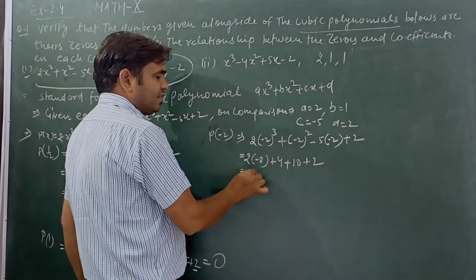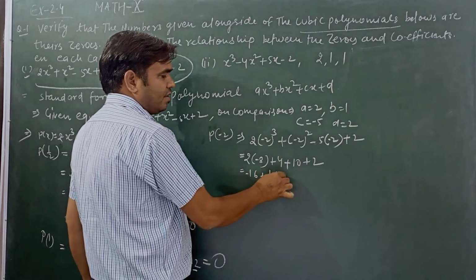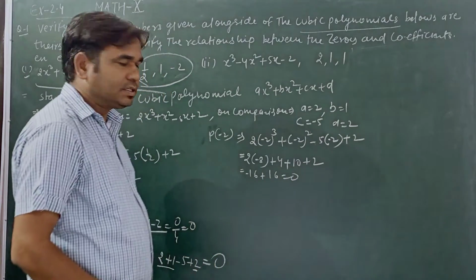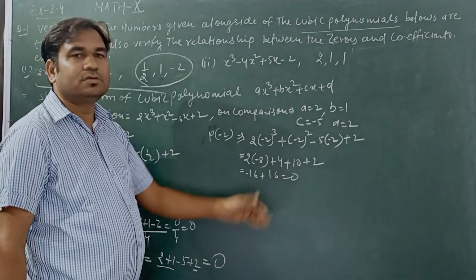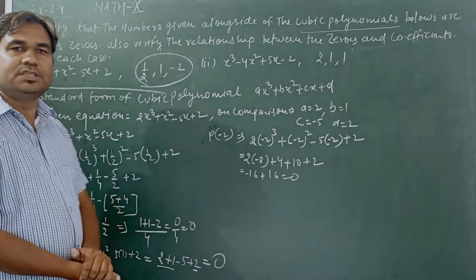So here we get 16 minus 16, which is also verified. So P of minus 2 also satisfies this condition.